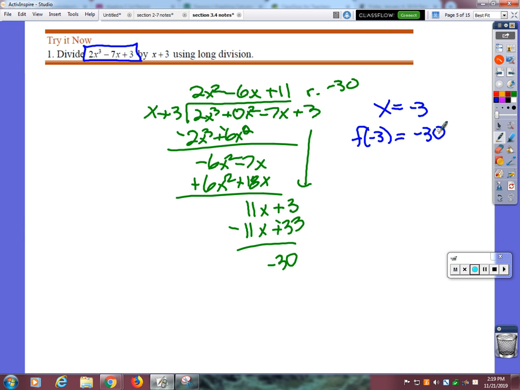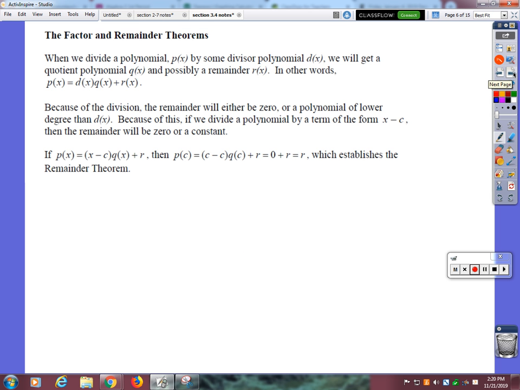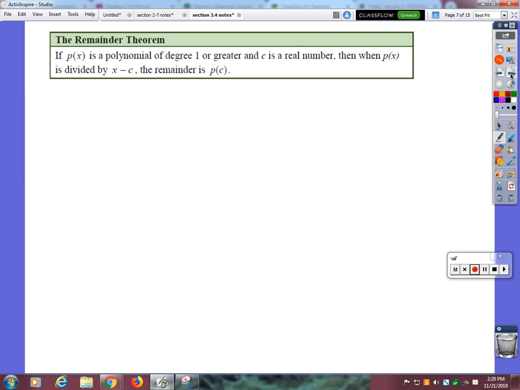A really handy but little used fact. So that's called the remainder theorem, which is that the remainder is the same thing as what you get when you plug in the number.